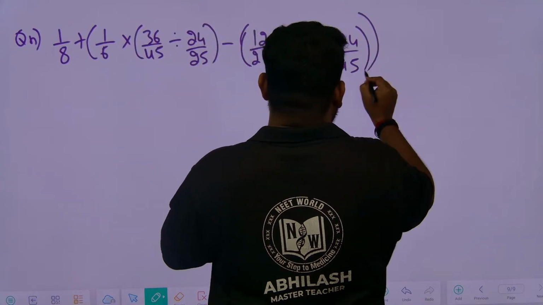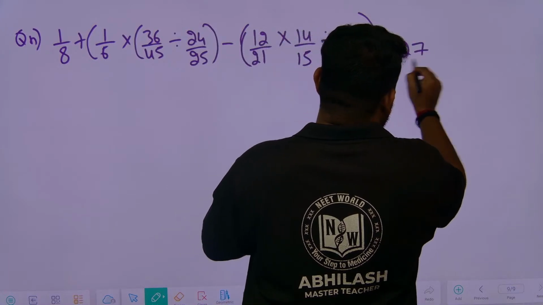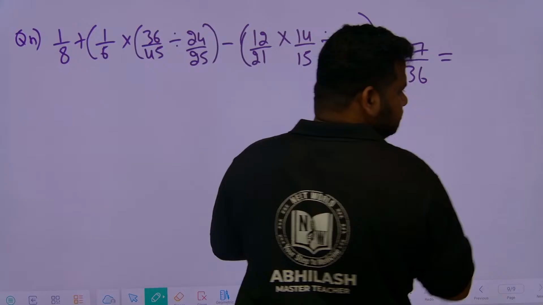Okay, again this bracket close plus 27/36 is equal to what?